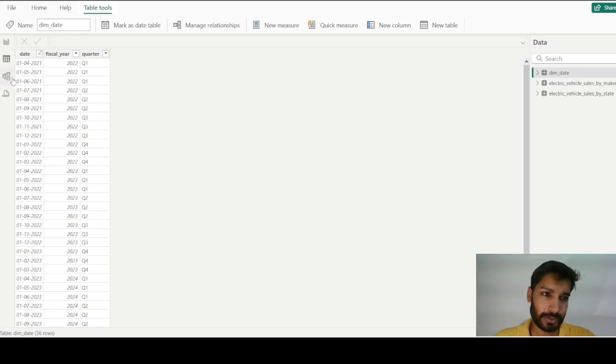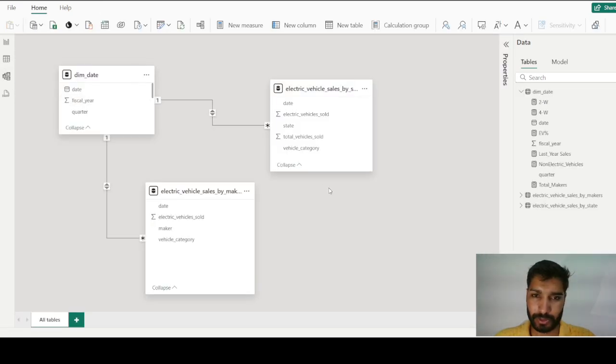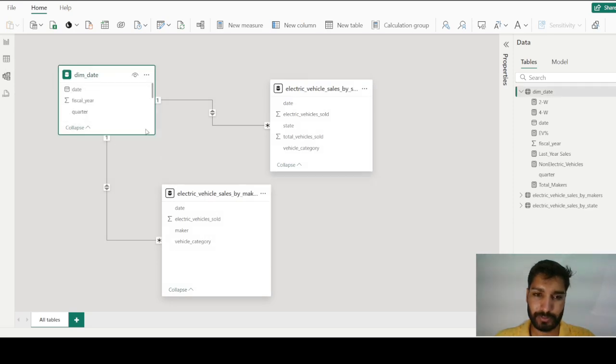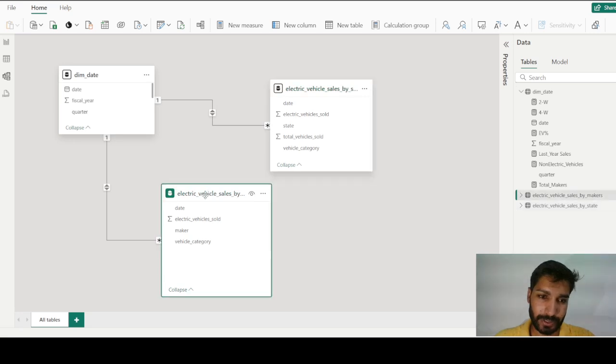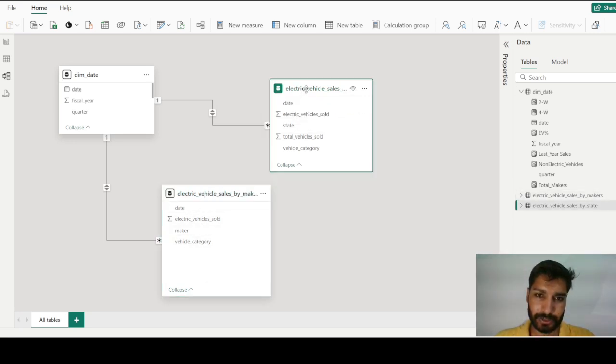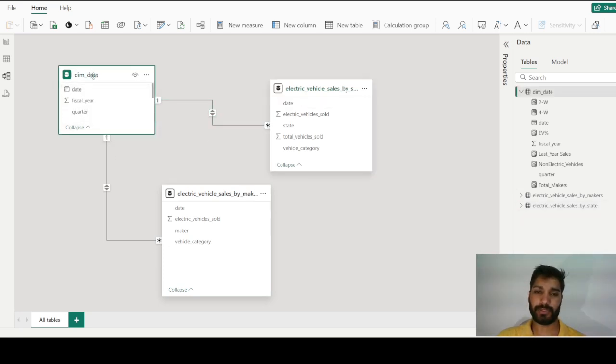So this is the relationship that's called data modeling. Here we have created a relationship between these three tables: the first fact table and the second fact table of state-wise sales are both connected to the dim table. After that we did some transformation, like data cleaning and removing extra columns that are not required in our report.